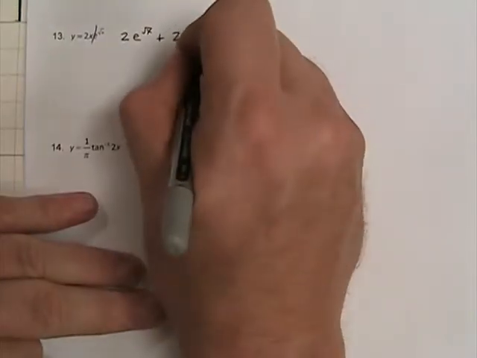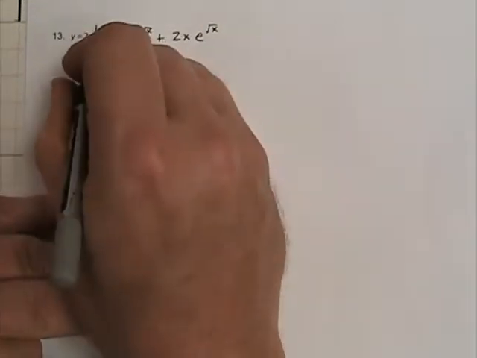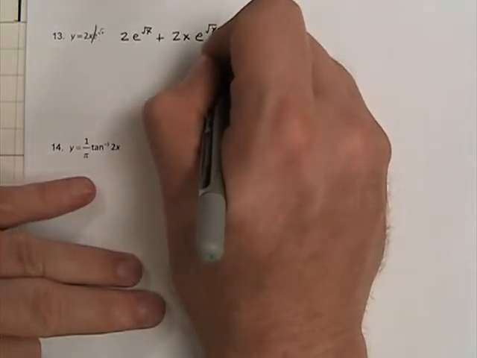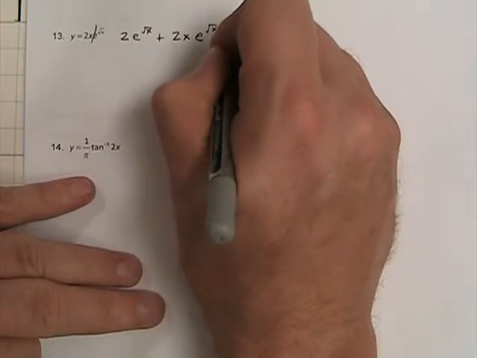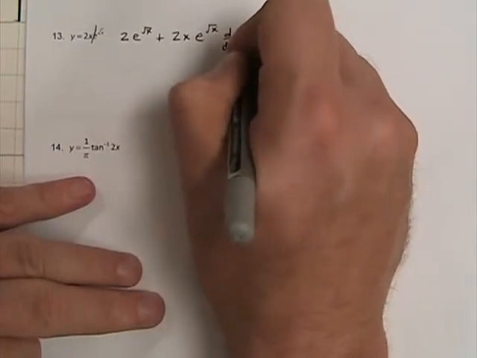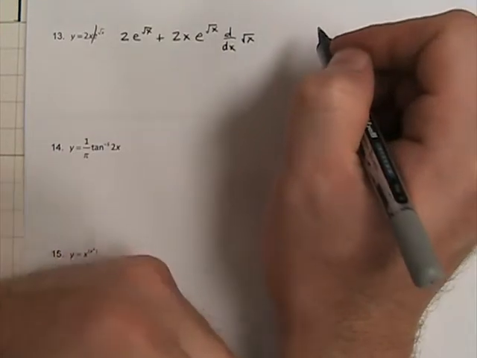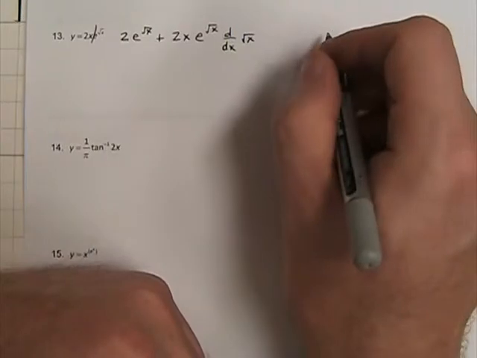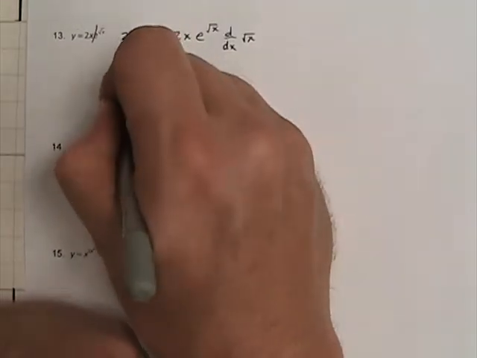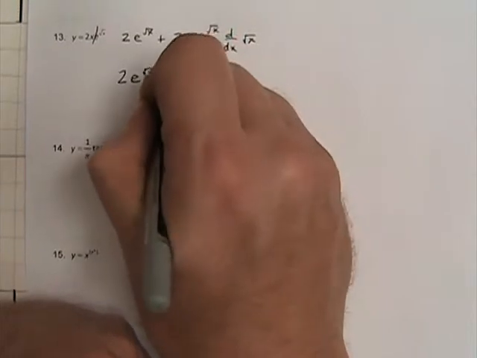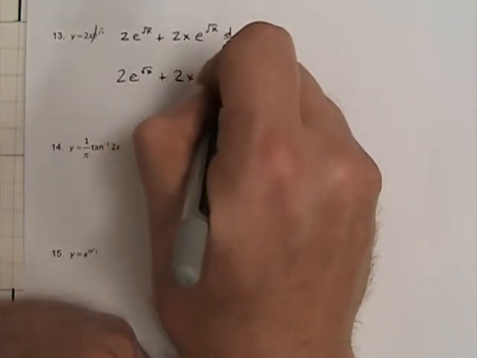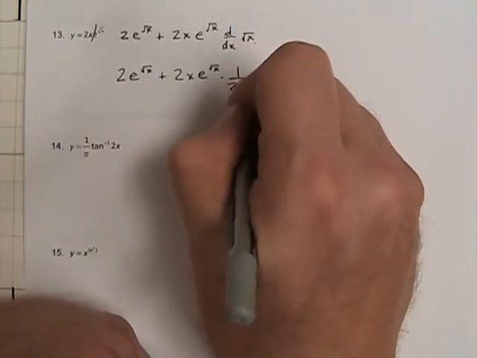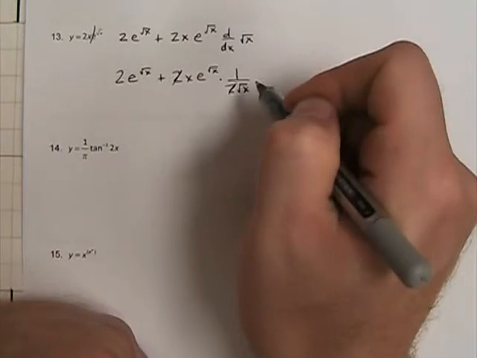Derivative of e to the something is e to the something, and the derivative of the square root of x, now we'll just write it like this, times d dx square root of x, and that's the same as x to the 1/2, so 1/2 comes out front and bottom, so this becomes 2e to the x plus 2xe to the square root of x times 1 over 2 square root of x. 2's will cancel right there.